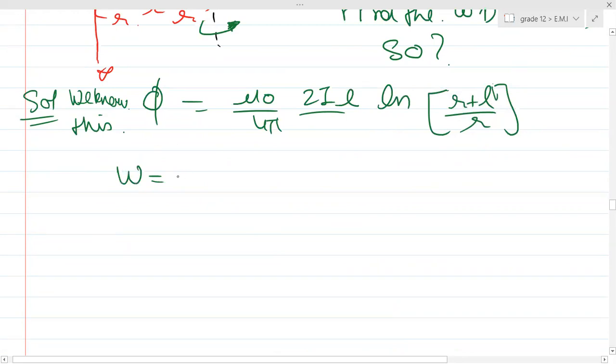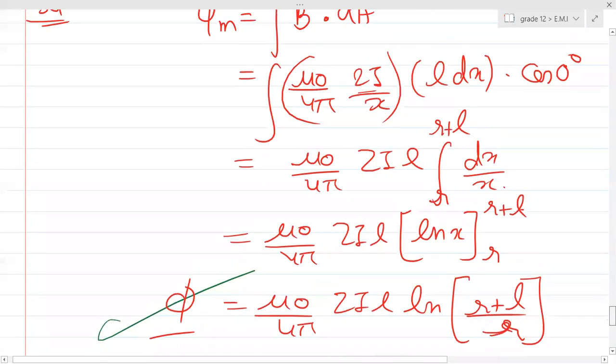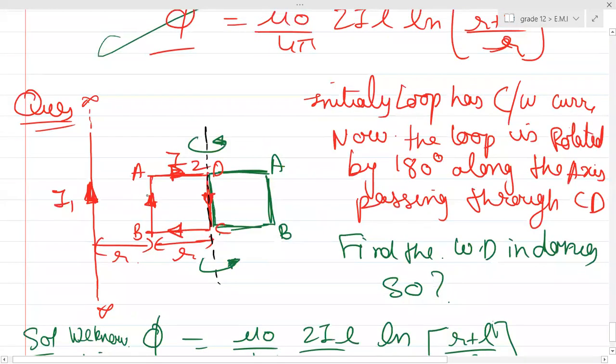When we rotate it, the work done will be equal to I into the initial flux minus the final flux. Yes or no? So can you see in the initial case, this is your area vector, and the magnetic field is also into the plane, right? Yes, sir. So the angle between them will be zero, so the same answer will be there.